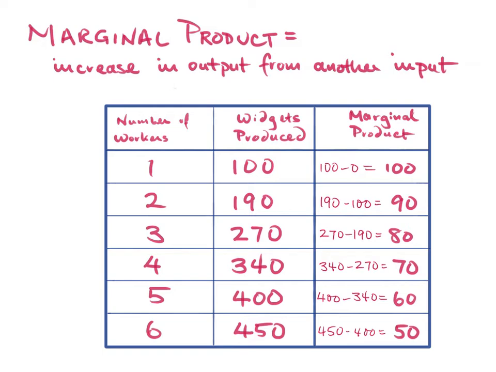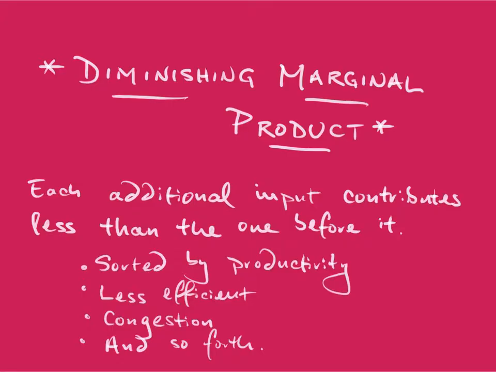So again, each additional worker contributes less than the workers before. We call that diminishing marginal product. Okay, again, formally, I would define that as each additional input contributes less than the one before it. Each additional worker produces fewer widgets than the worker before.